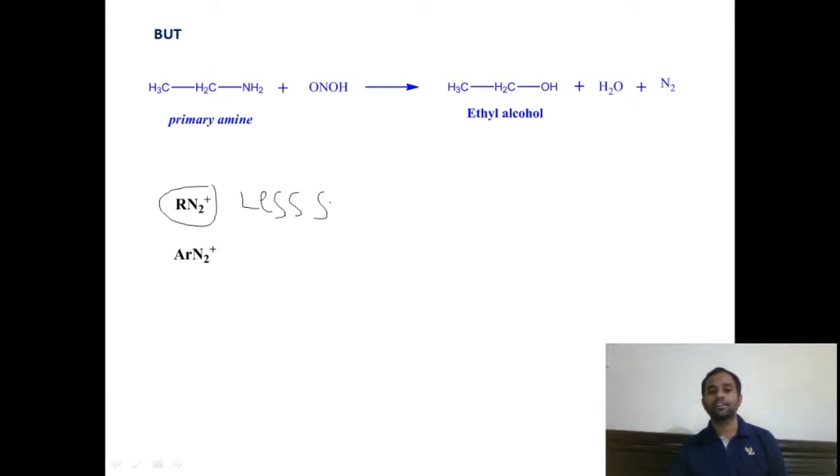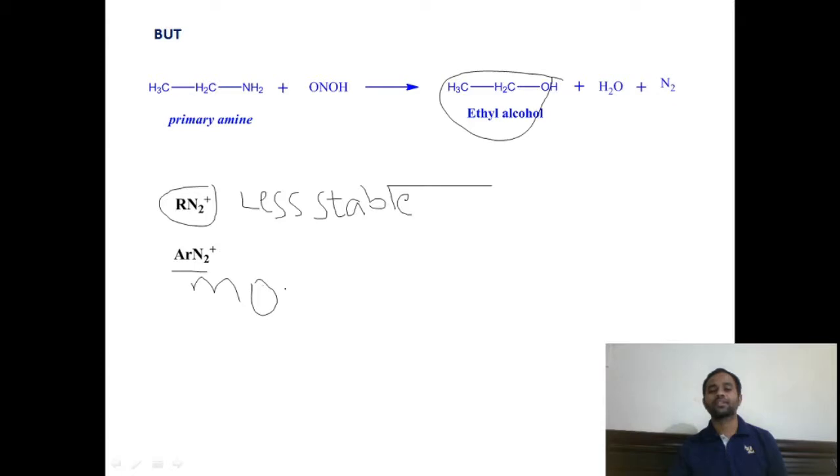You can see here we do not get a diazonium ion because it is less stable. That's why generally aliphatic amines, when treated with nitrous acid, do not give a diazonium salt similar to that of aromatic amines. We will get alcohols as the main product. Whereas primary aromatic amines, aniline, will give a diazonium salt because it is more stable.